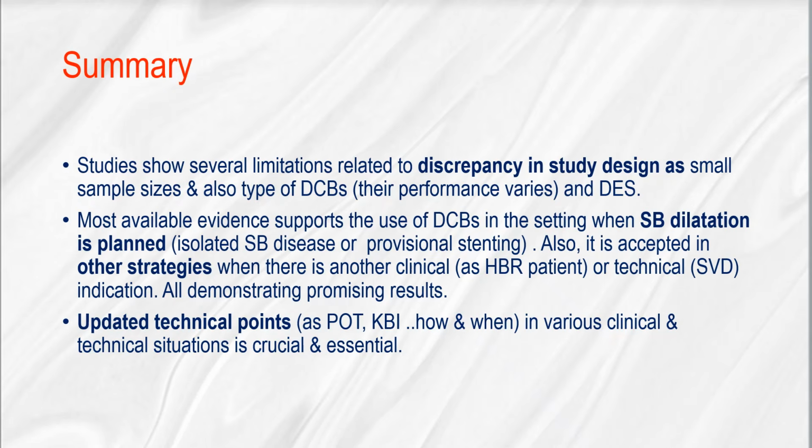It is also accepted in other strategies when there is another clinical or technical indication, all demonstrating promising results. Updated technical points such as POT and kissing balloon inflation, how and when, in various clinical and technical situations, are crucial and essential.